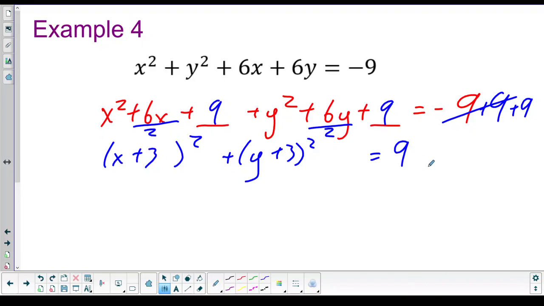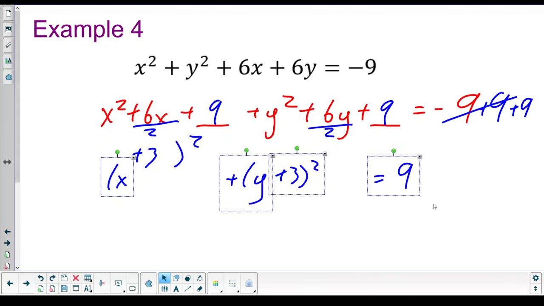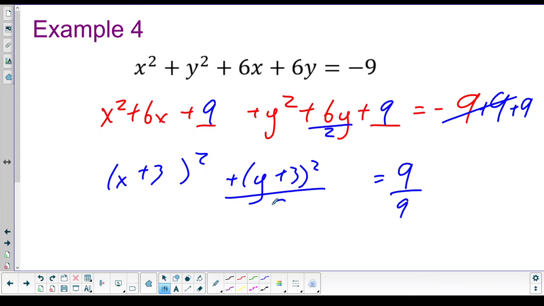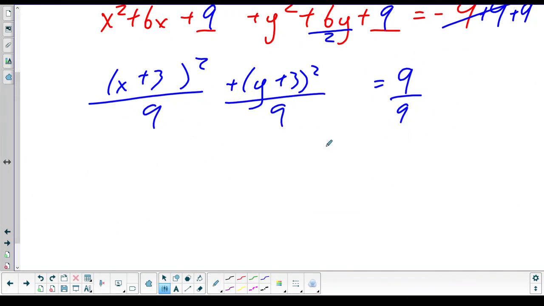We can just leave this like this because with circles we don't want to divide. Actually, let's do it. Let's divide by 9 just so that we can see how it looks. If we divide by 9, divide by 9, divide by 9, this here cancels out. Oh, that's not an eraser.